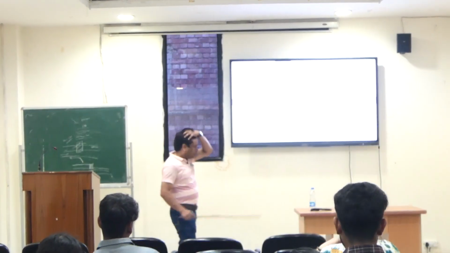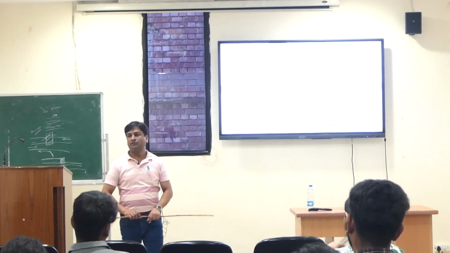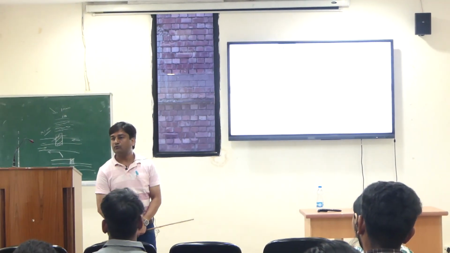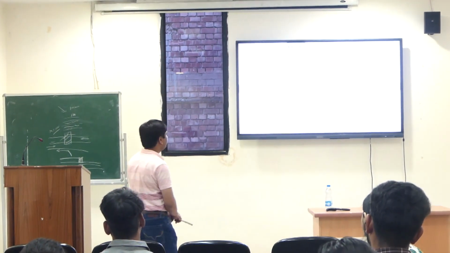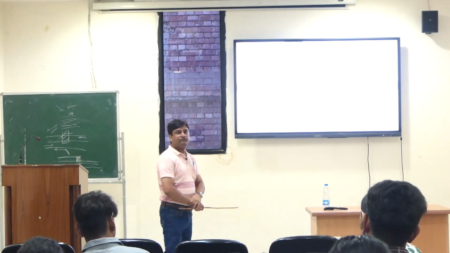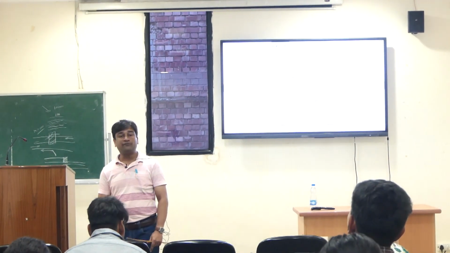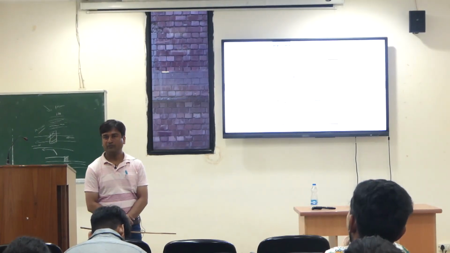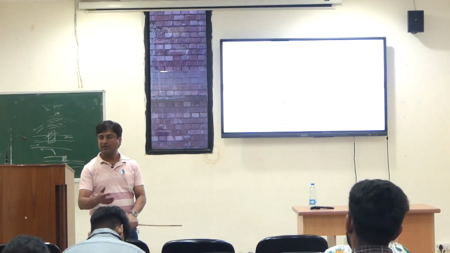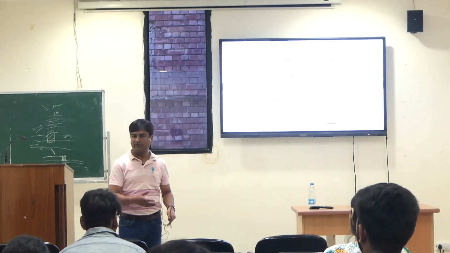So now in our lab, we use a lot of this genome editing tool, CRISPR-Cas9 specifically. What we do is we manipulate the genome of the malaria parasite. There are different malaria parasite species that infect humans.